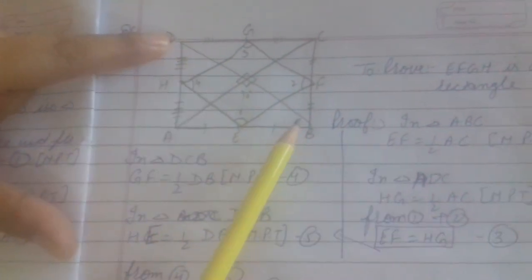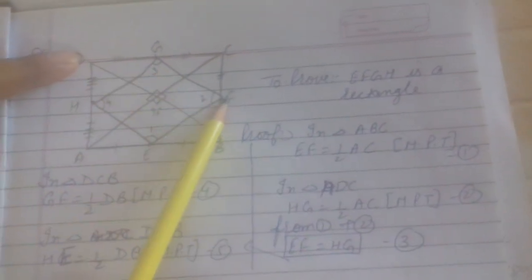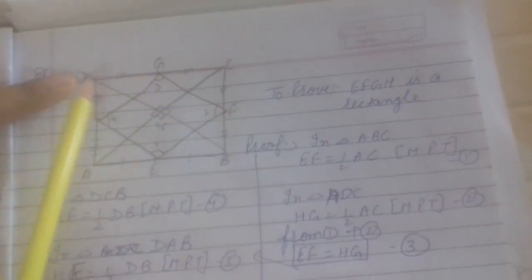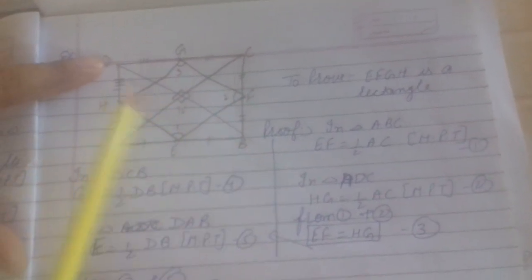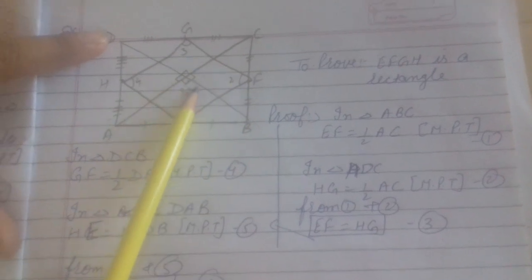After this, children, I joined the other diagonal DB and took the triangle DCB. In this triangle G and F are what? Midpoints. So GF will be half of DB. Now in triangle DAB, H and E both are midpoints, so HE will be half of DB.